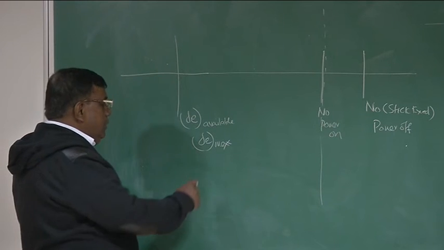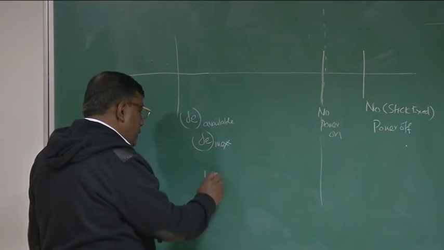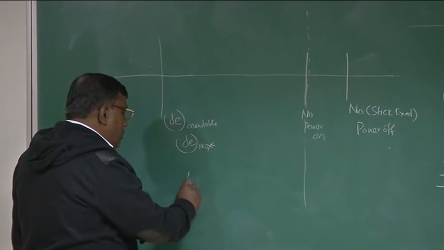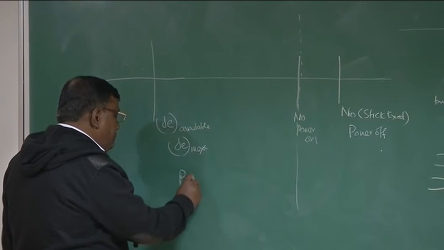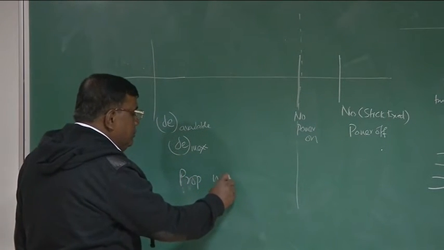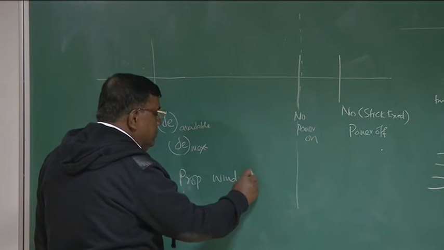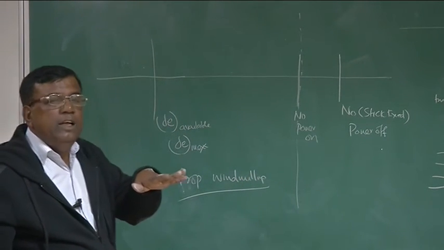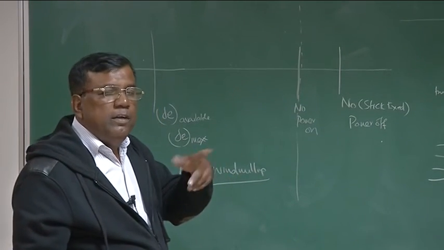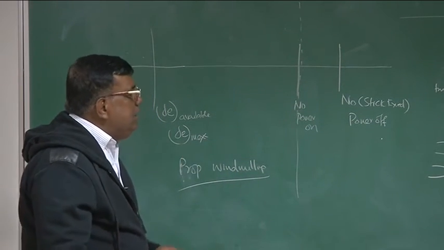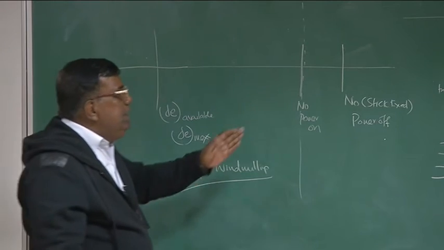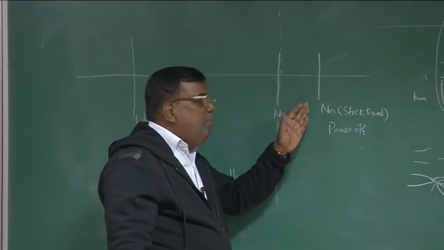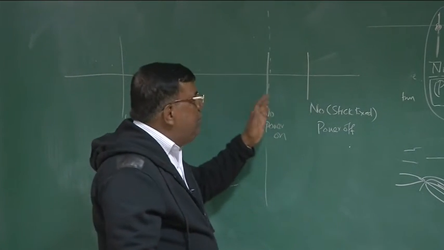Now the second question, which I was of course whispering, is propeller windmilling. Windmilling, especially during landing, is not a full power, it's probably just windmilling. So in that case, if you see propeller windmilling, it is neither power on nor power off, right? So it is between these two.